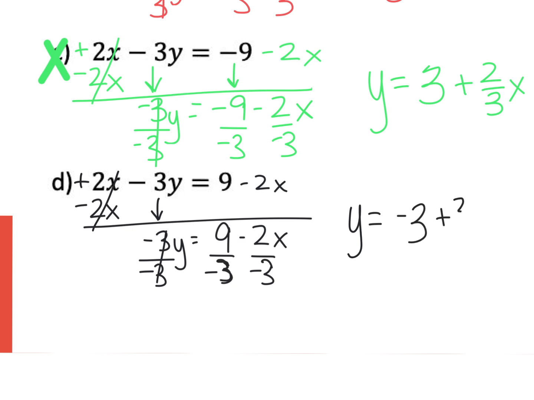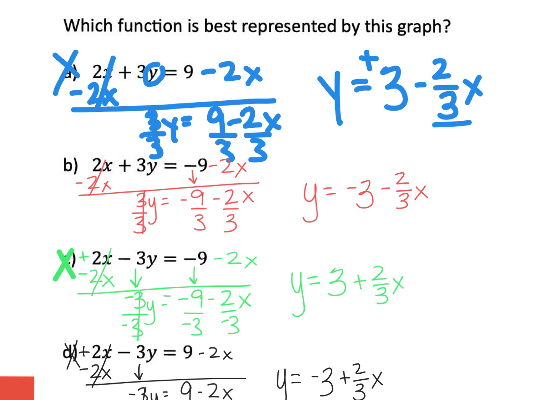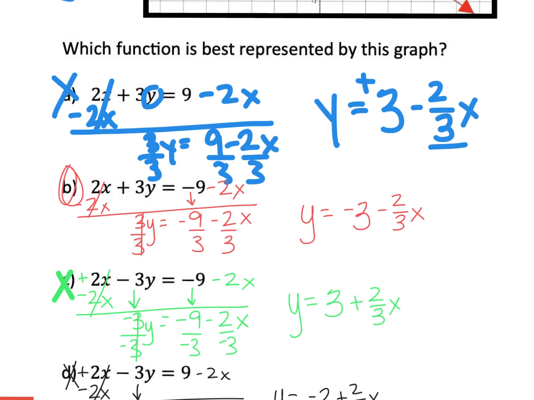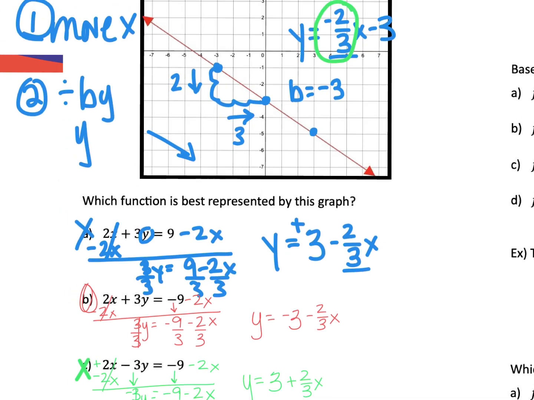And a negative divided by a negative is a positive. So again, my slope turned out to be positive, so it can't be that one. So we'll go back and it must be B. That is the one that matched. Now I want you to notice that when I wrote this up here, they're just flip-flopped, but the signs match, so we're okay.